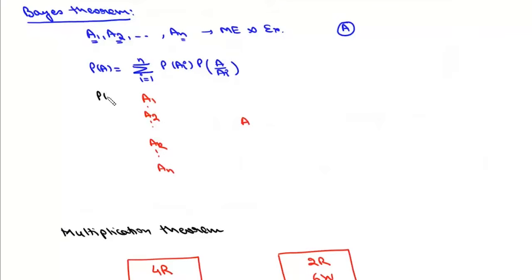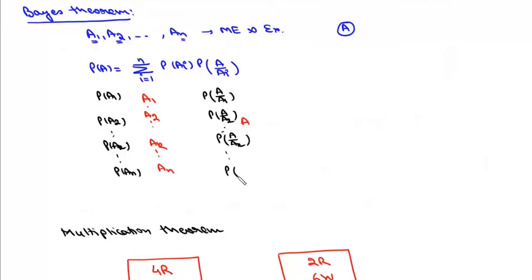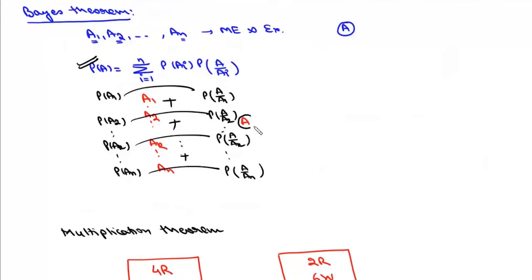We find these probabilities, probability of A1, probability of A2, probability of AK, probability of AN, and then their corresponding conditional probabilities, probability of A upon A1, probability of A upon A2, probability of A upon AK, and probability of A upon AN. And if we multiply them and add them, we'll get total probability, which we have already studied. So in total probability, we find the probability of occurrence of this event A.